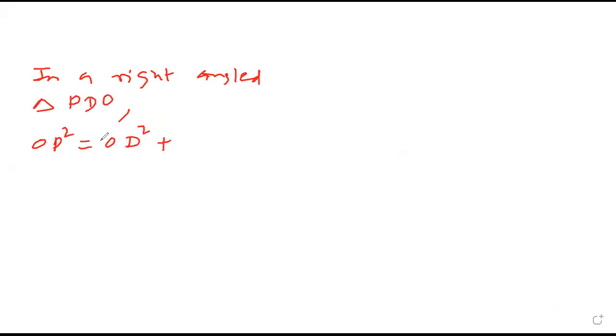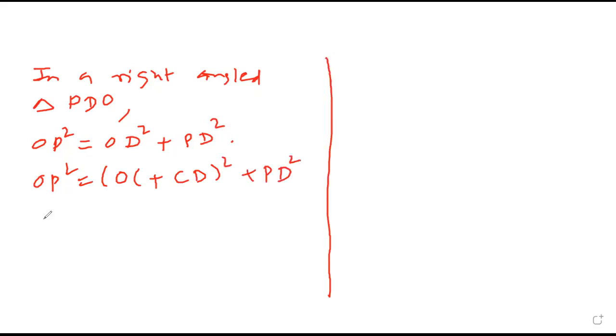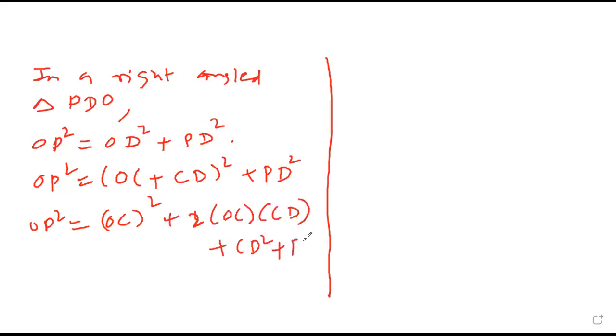OP square equal to OD square plus PD square. Correct? What is OD? Is it OC plus CD? Okay. So this is OC square plus twice of OC into CD plus CD square plus PD square.